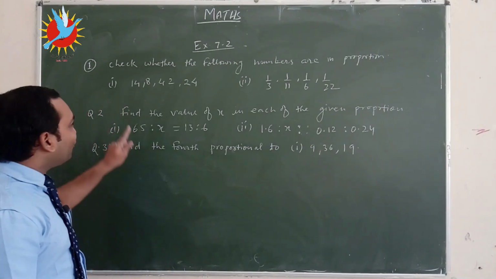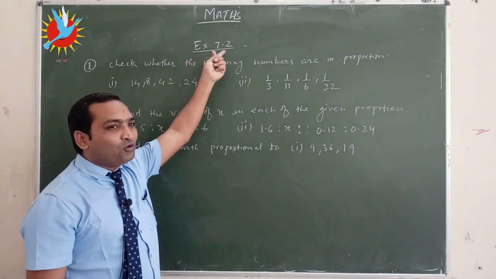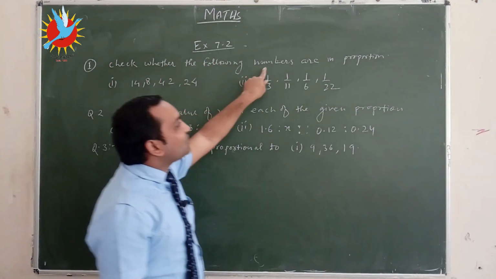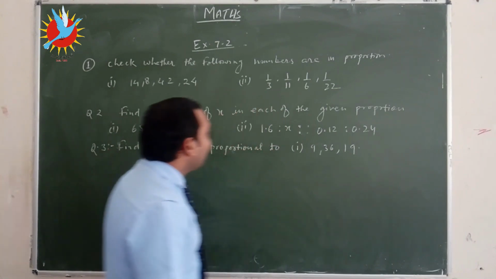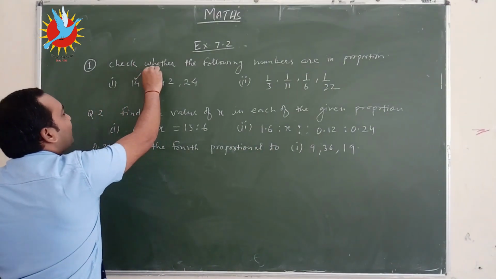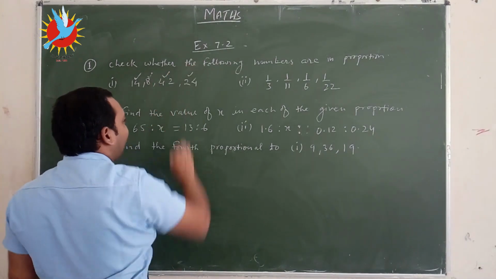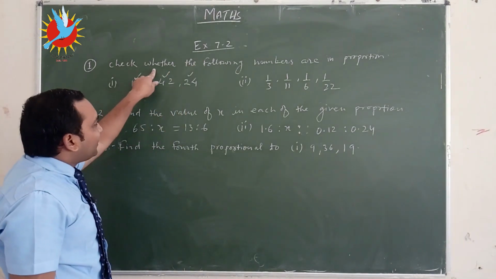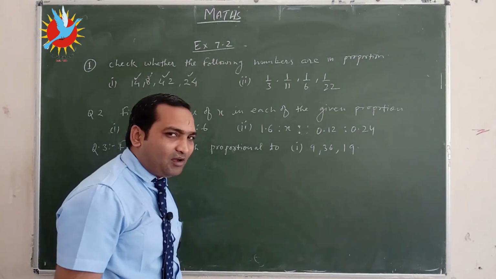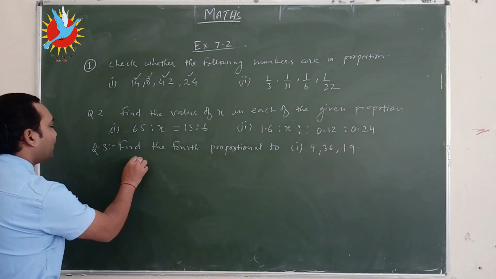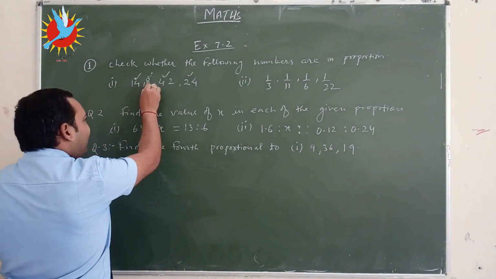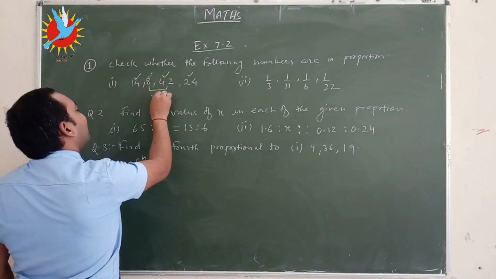In exercise 7.2 our first question is: check whether the following numbers are in proportion. The following four numbers are given: 14, 8, 42 and 24. We have to check whether these four numbers are in proportion or not. So first solution: the middle two terms are called the mean terms.